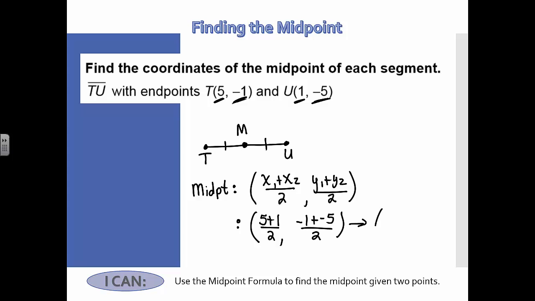So we get for a midpoint, 6 over 2 is 3, and -6 over 2 is -3. So that would be the coordinates of my midpoint. Now we could plot that on the XY coordinate plane, and you would see that that point is in the middle of T and U on that line segment. It's the midpoint of the line segment.